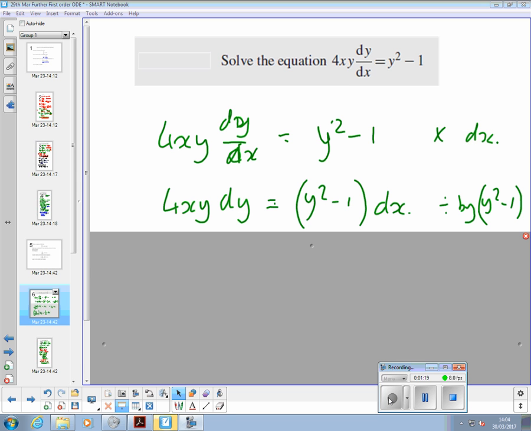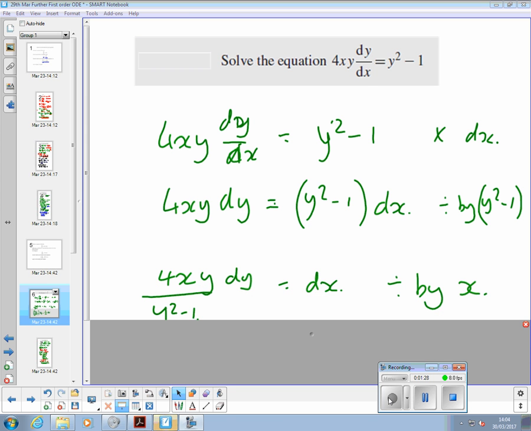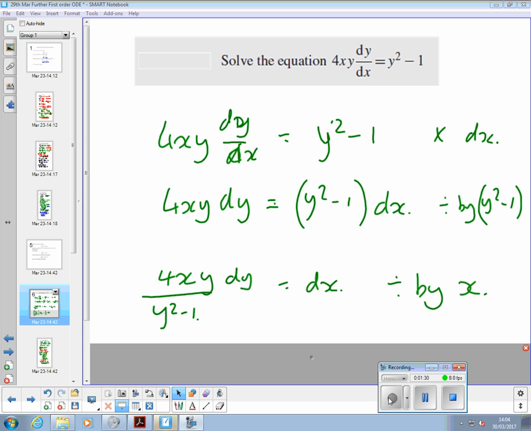Then divide through by the bracketed term y squared minus 1. We end up with 4xy over y squared minus 1, all multiplied by dy on the left and dx on the right.